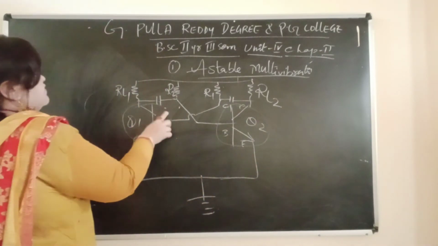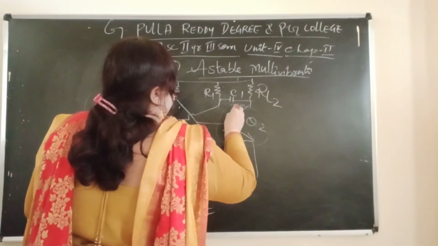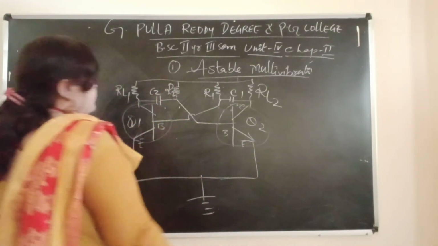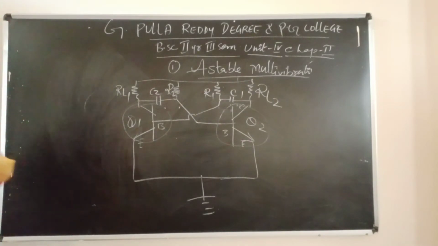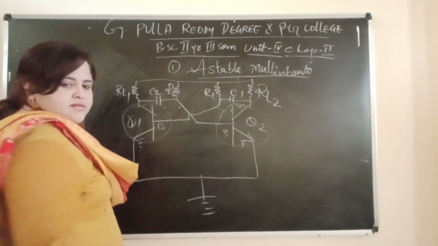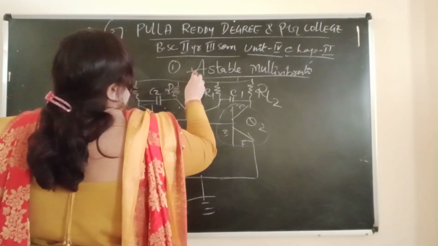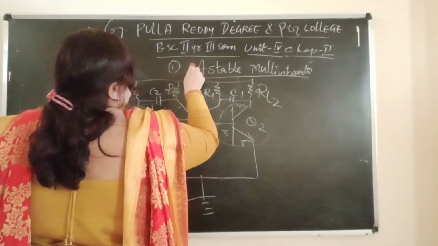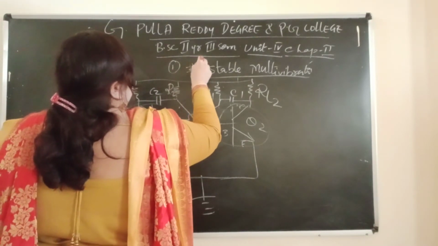This is C2, C1. So this is your circuit diagram of astable multivibrator. Here what you have to draw? One switch S and plus VCC.